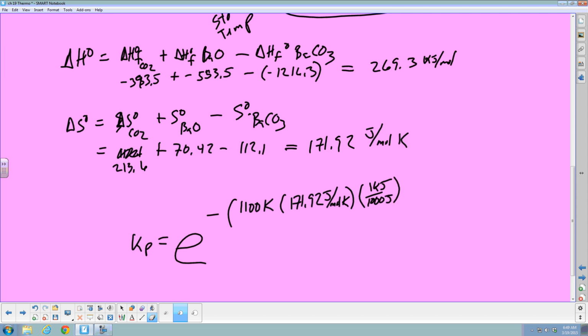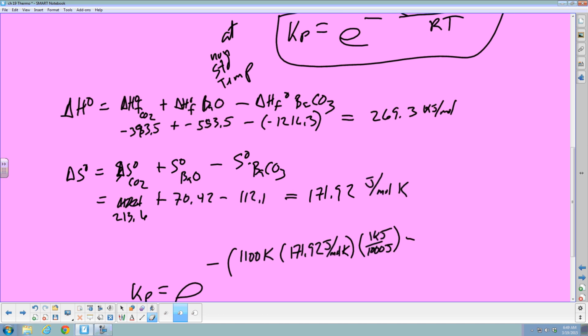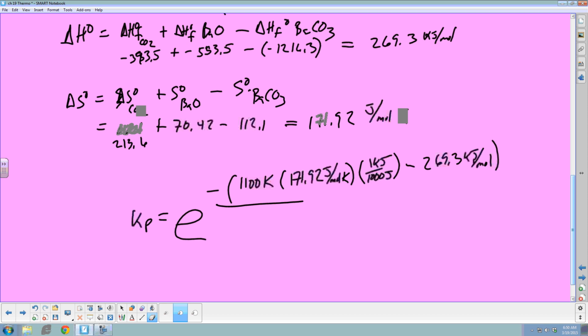Then I have to subtract my delta H, 269.3 kilojoules per mole. Great. And then divide by R, which I need in 8.314 times 10 to the minus 3 kilojoules per mole Kelvin, and divide that by T, 1100 K.